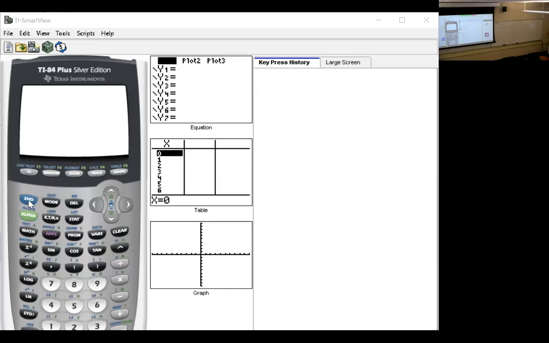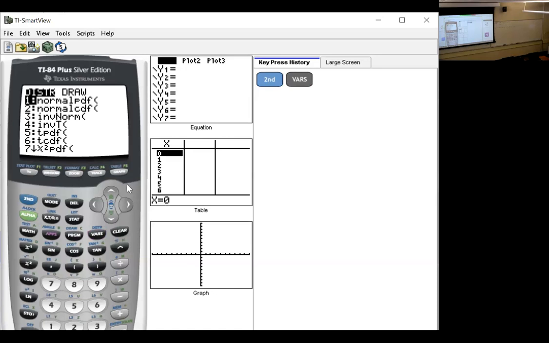Press second, the blue button, followed by the bars, right next to clear. Got a whole bunch of options. Out of those, we are going to pick number 3. invNorm. Norm stands for normal. When you put stuff in the calculator, you always put the area below whatever score you're looking for.